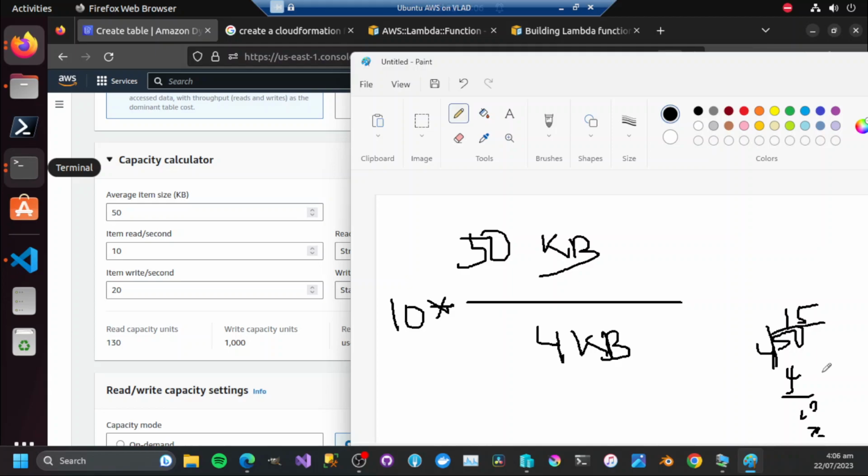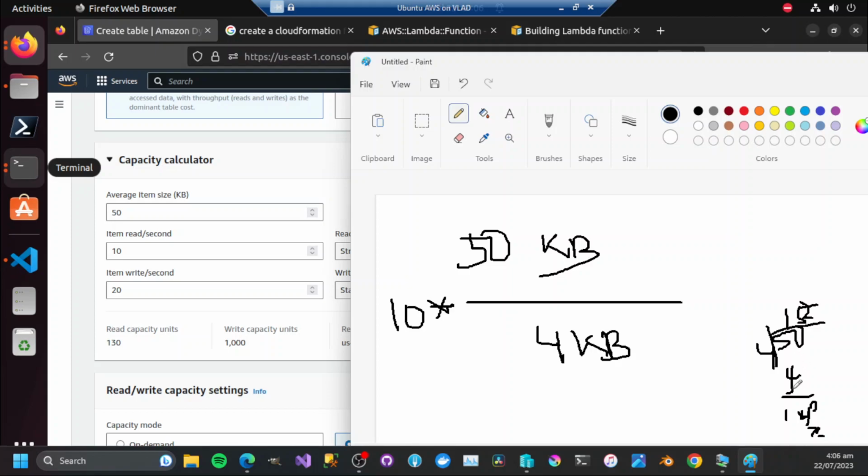Oh man, I'm dumb. I'm so dumb and I'm so high. 50 divided by 4. Yeah, it's 12.5, right? Why is my calculation like this? It should be 1 here and then 4. So it's gonna be 2. Oh, is it 2?